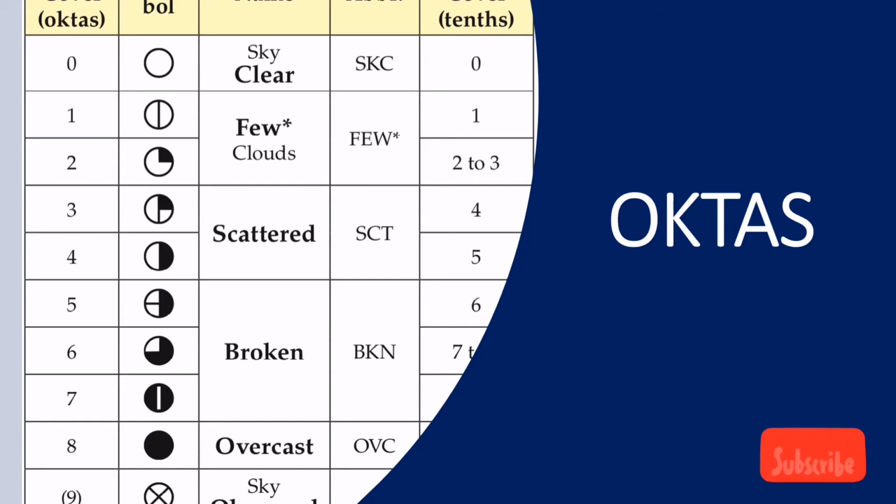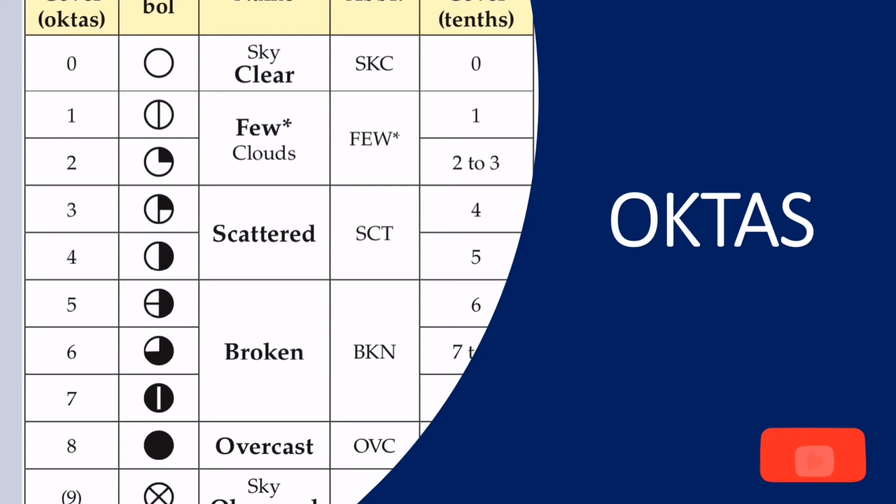And then the next 2 divisions, 1 and 2, make up what we call few clouds. There are few clouds in the sky. If 1 to 2 eighths or 1 to 2 octas are covered in cloud, then you have few clouds in the skies. And indeed the abbreviation there is FEW, Foxtrot Echo Whiskey.